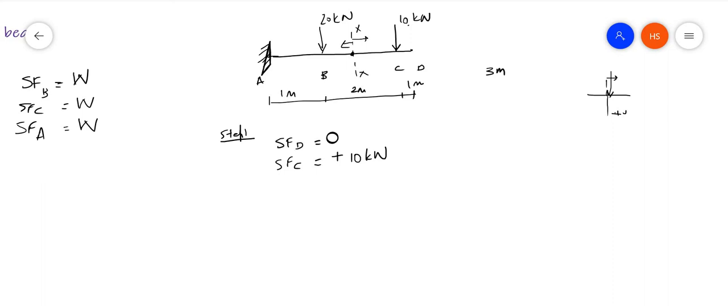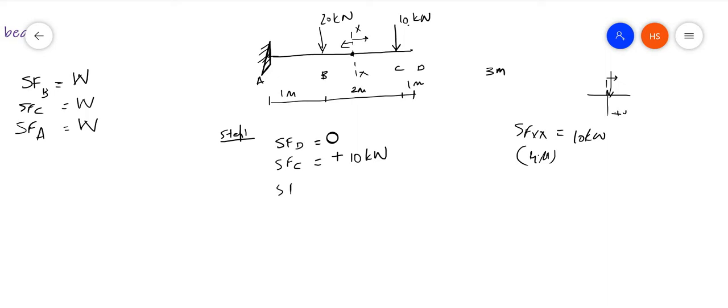So the shear force at the XX section is 10 kilonewton. Between C and B, the shear force will be common.